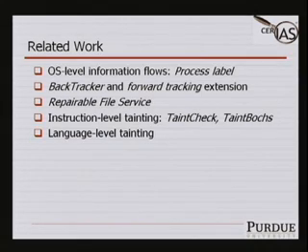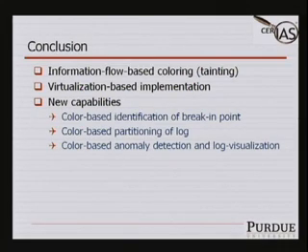Right. So those root causes can only be identified or uncovered by language level tainting with a finer granularity. So in conclusion, I talked about the taint-based, operating system level tainting-based mechanism called process coloring for malware intrusion and contamination tracing, and it is based on virtualization.